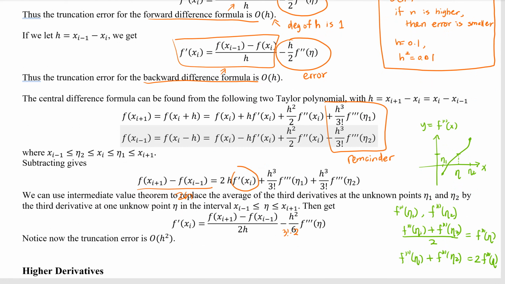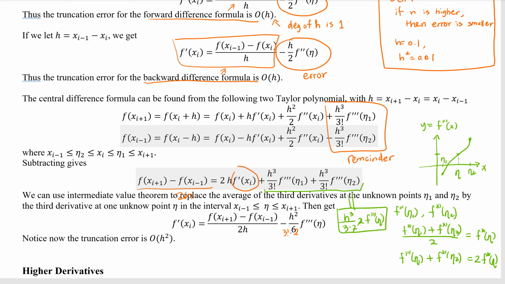Okay, so those two terms are the same as h cubed over 3 factorial, which is 3 times 2, but because f triple prime eta 1 plus f triple prime eta 2 is 2 times f triple prime eta, when you multiply by 2 f triple prime eta, the 2 and 2 cancel out.